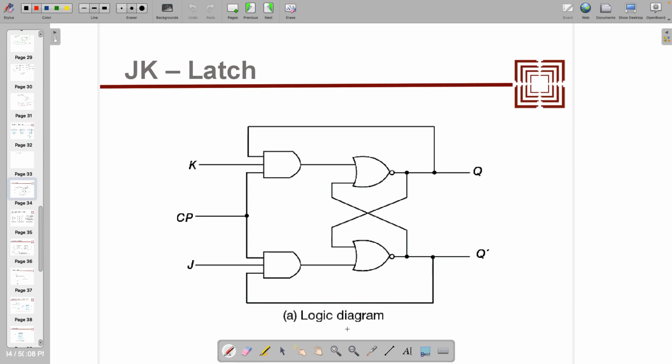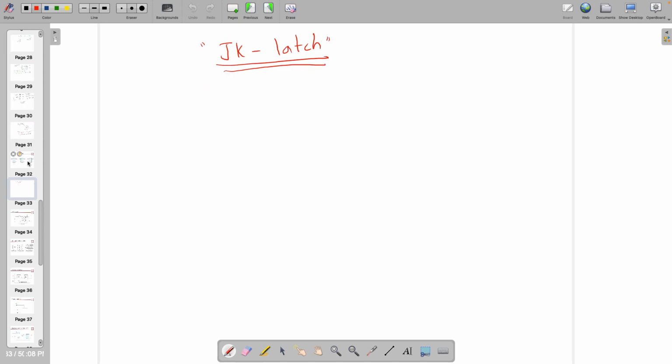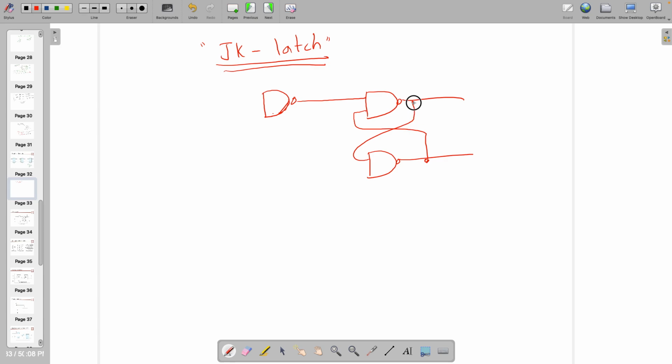So the book is using this circuit, but we are using NAND based only, because that is the one which is used in most places. Whenever you go to the industry, you will see that this is the circuit which is used. So everything is NAND based. So I am also using the same thing.